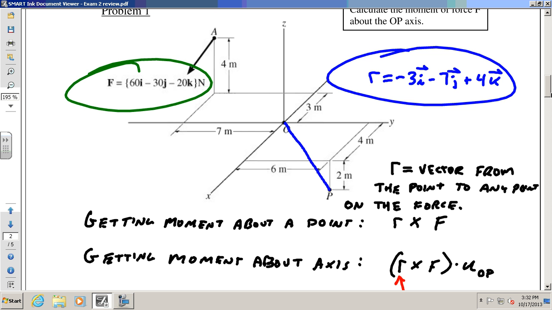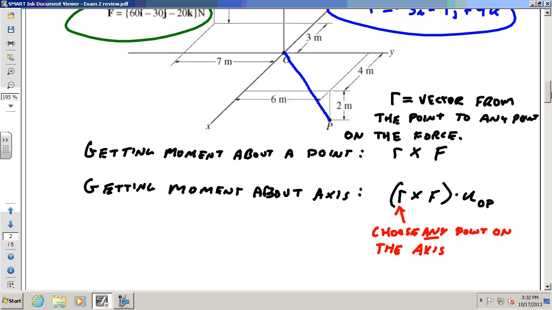And then this last step of dotting it with a unit vector in the OP direction. You've got to remember how to make a unit vector in the OP direction. That's not that hard to do. You go from O to P, right? You look at this and you go, okay, well that's 4i plus 6j minus 2k.